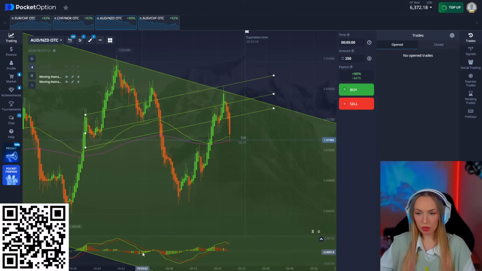We can actually open the trade for 5 minutes, I think, because there are actually even more than 5 minutes. This is more than 5 minutes, so maybe we can open here the trade for 5 minutes.